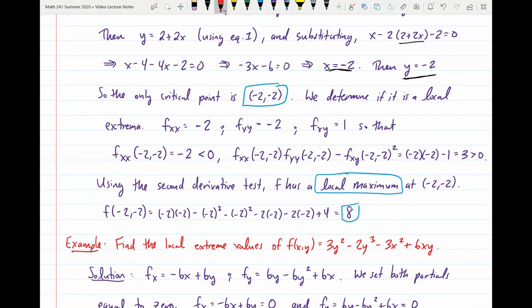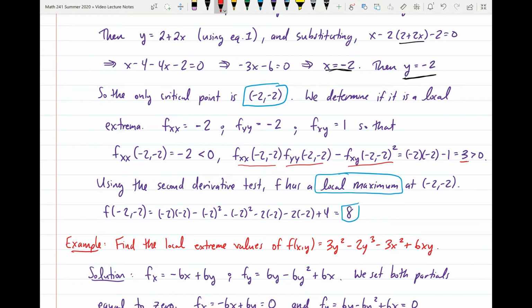f sub xx at (minus 2, minus 2) times f sub yy at (minus 2, minus 2) minus f sub xy at (minus 2, minus 2) squared is equal to negative 2 times negative 2 minus 1, which is equal to 3, which fortunately is greater than 0.